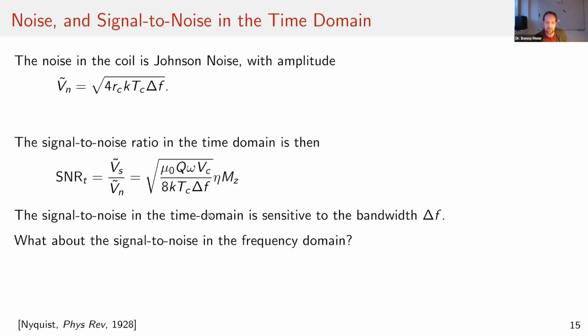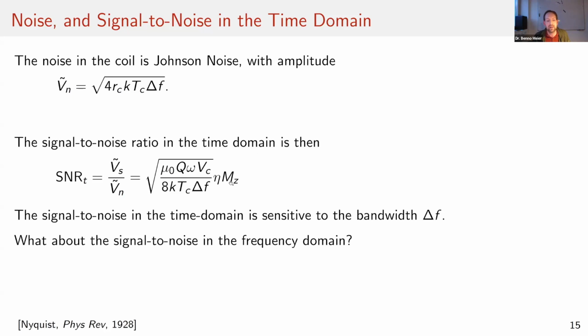But normally when we record NMR spectra, we don't really pay a lot of attention to how we choose the bandwidth. We just choose it wide enough so that we can record the signal, and that's perfectly fine.